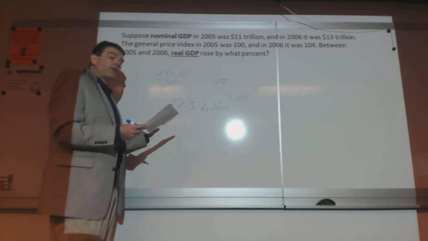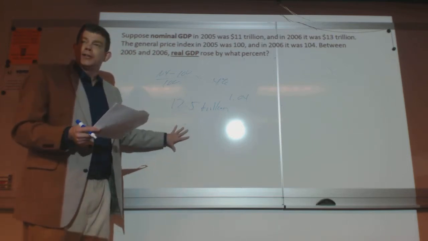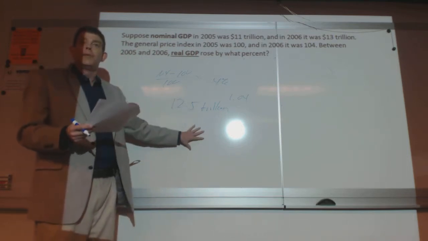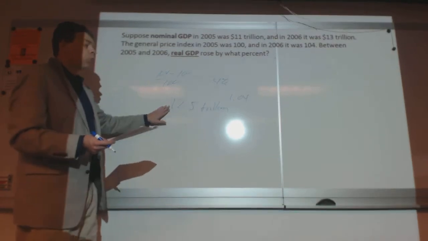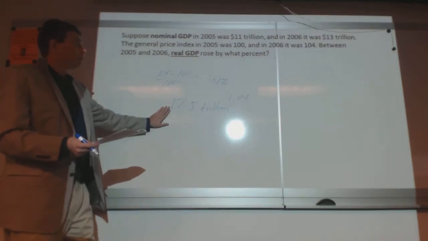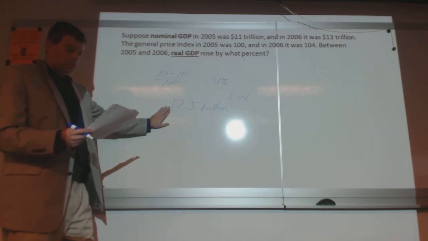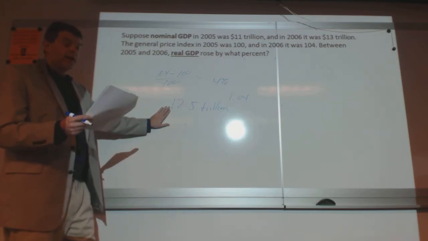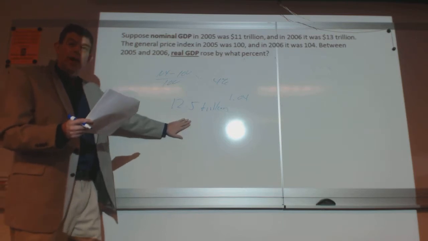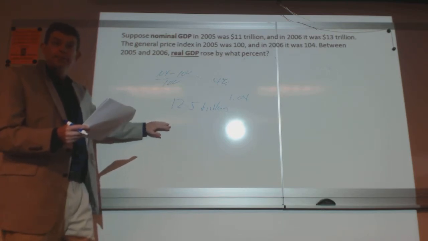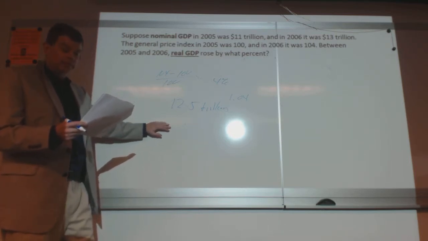Yes, the rate of increase, and that's always new minus old divided by old times 100. So 12.5 minus what? 13? No, I'm sorry, 11. Right. 12.5 minus 11 divided by 11, times 100.